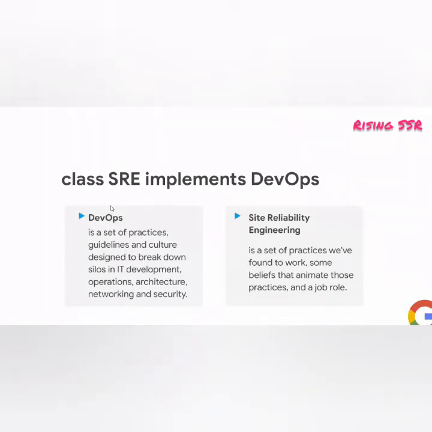DevOps is an interface. If you try to remember it that way, it makes things very easy. So SRE, as a class, implements DevOps. How exactly it does that is what we will see.